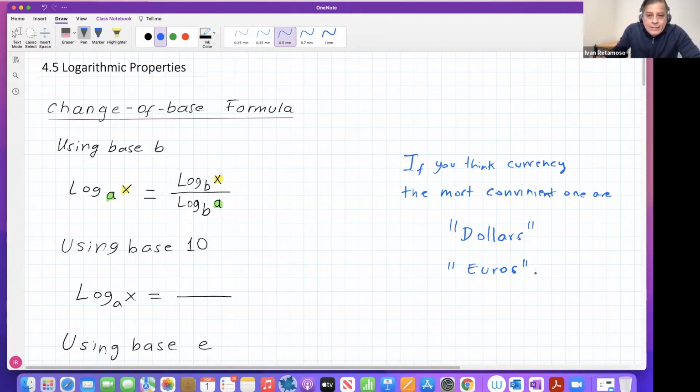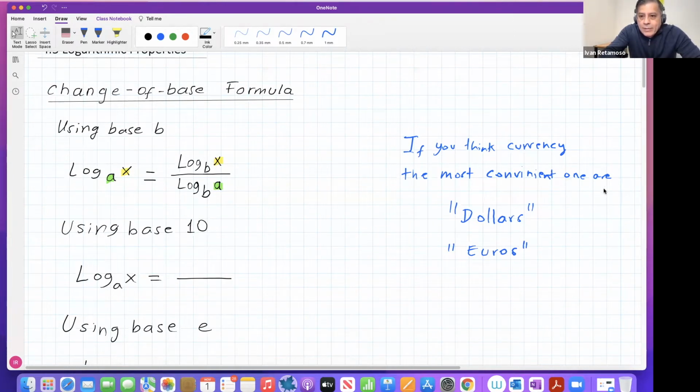Same way here in the logarithmic world, the base could be any positive real number, except for one, of course. But the most convenient ones turn out to be log base 10, which we call the common log, and log base e, which we call the natural log.